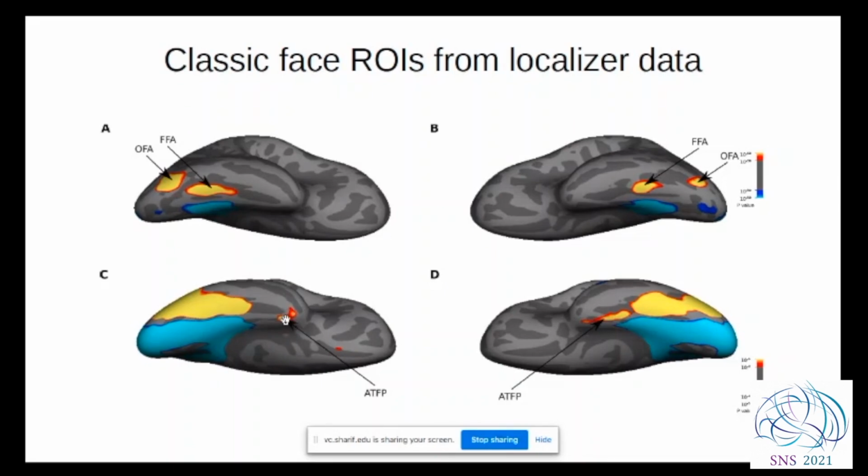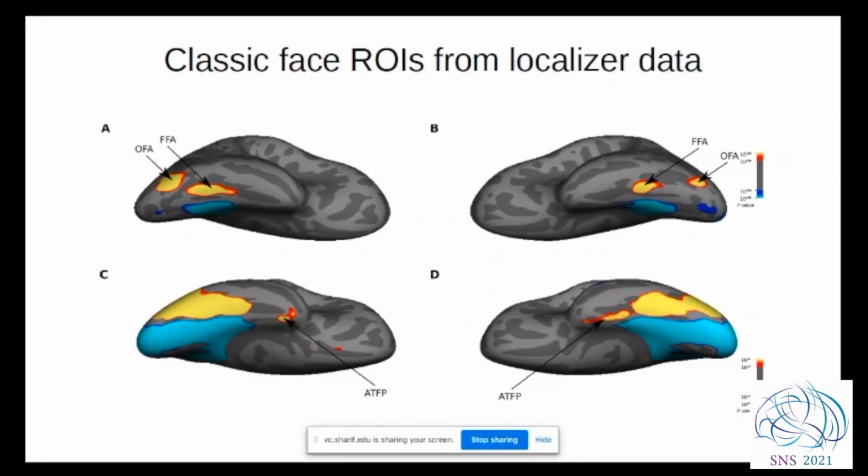This anterior temporal face patch is a region that is located further anterior in temporal lobe. And this is a region that I described several years ago. It appears to be the homologue of one of the monkey anterior face patches.